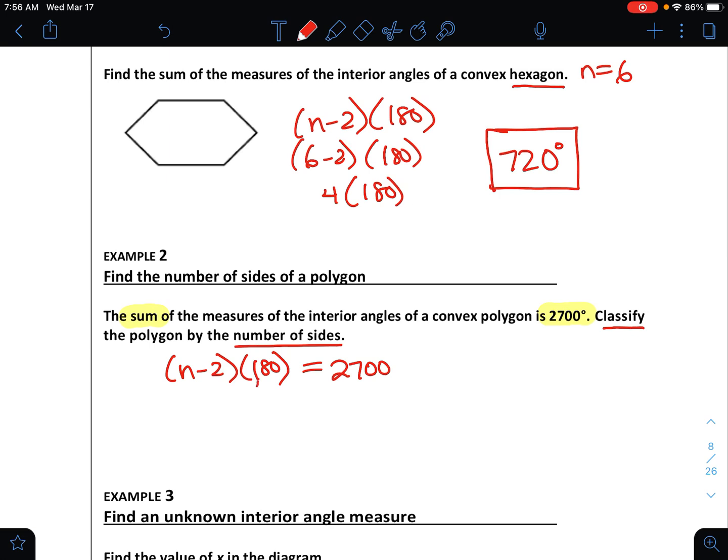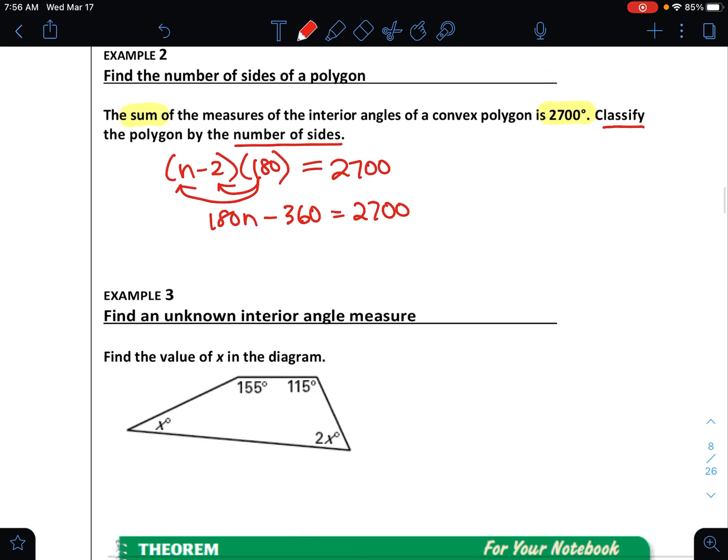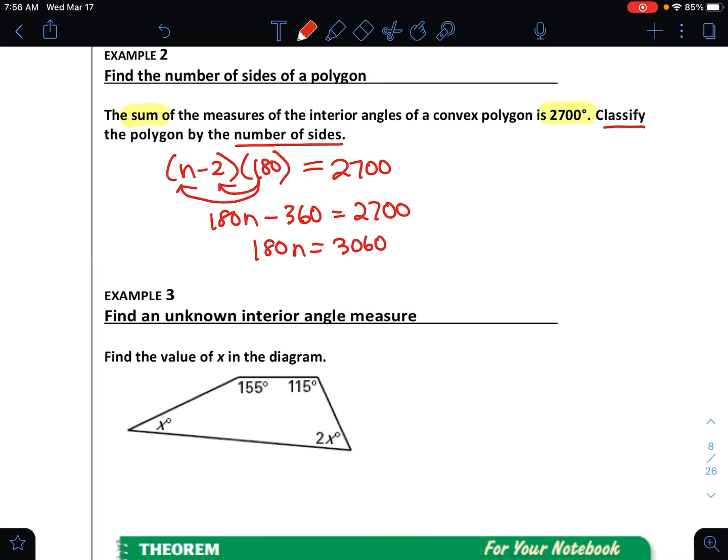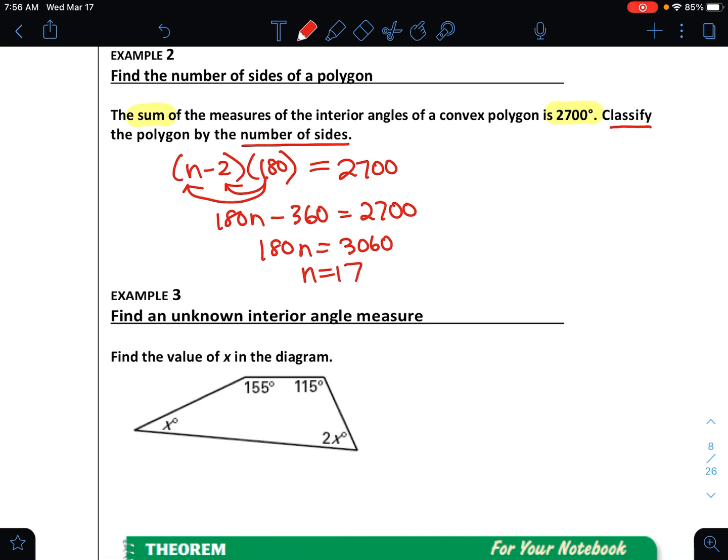If I distributed in 180, I would have 180n minus 360 equals 2,700. Then I would add 360 to both sides. 2,700 plus 360 is 3,060. Then divide both sides by 180, and I get n equals 17.